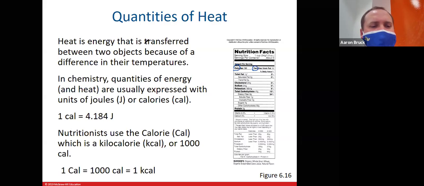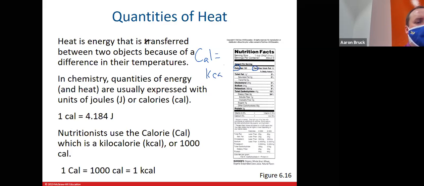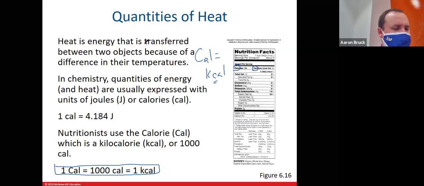That is by convention. Calories with a capital C are the same thing as kilocalories with a lowercase c. So 1 kilocalorie is equal to 1,000 calories, or 1 nutritional calorie.